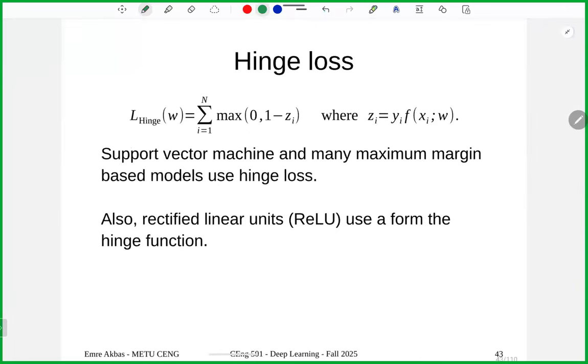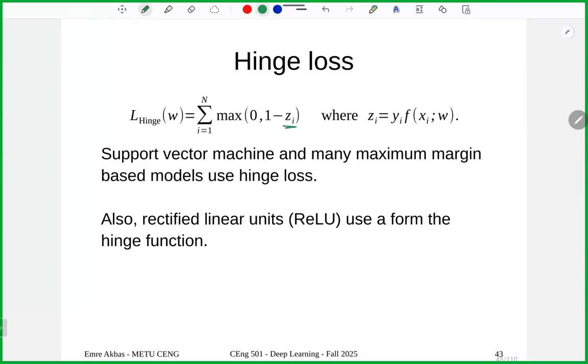Let's look at hinge loss. It's max over 0, 1 minus zi. It looks complicated at first, but think of the function z again.